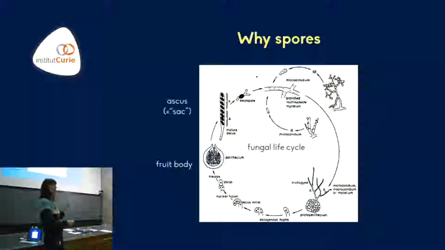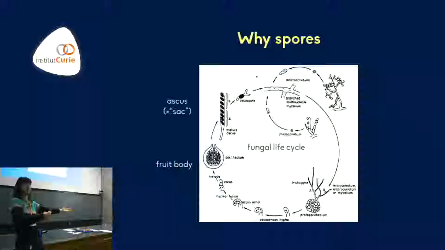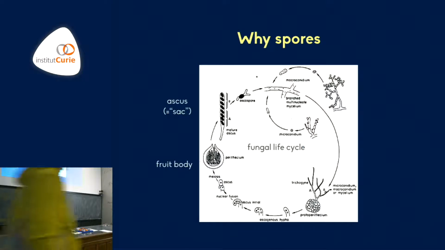This is the reason why fungi make spores. And it's the reason why spores are the motility mechanism for fungi. They don't have wings, they don't have legs, but they make spores and they let them go. So the goal of sexual recombination and spore dispersal is to explore a new environment.